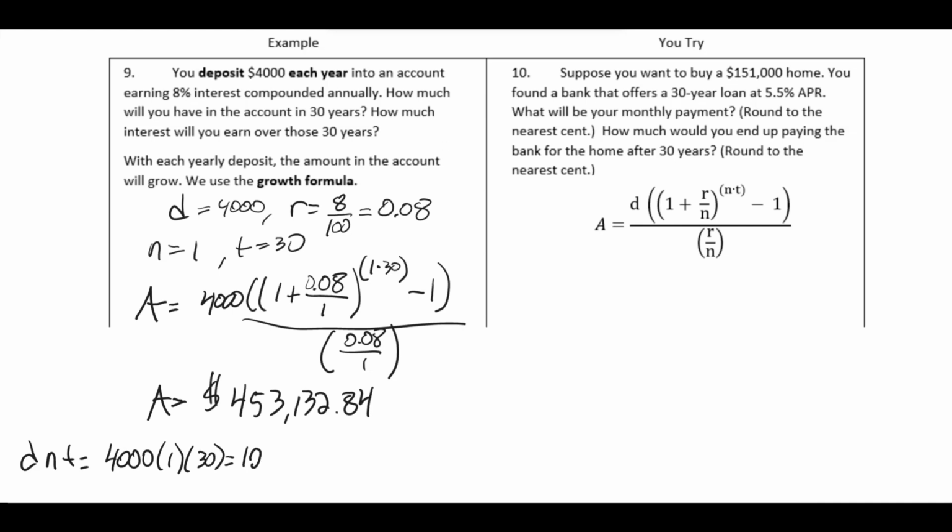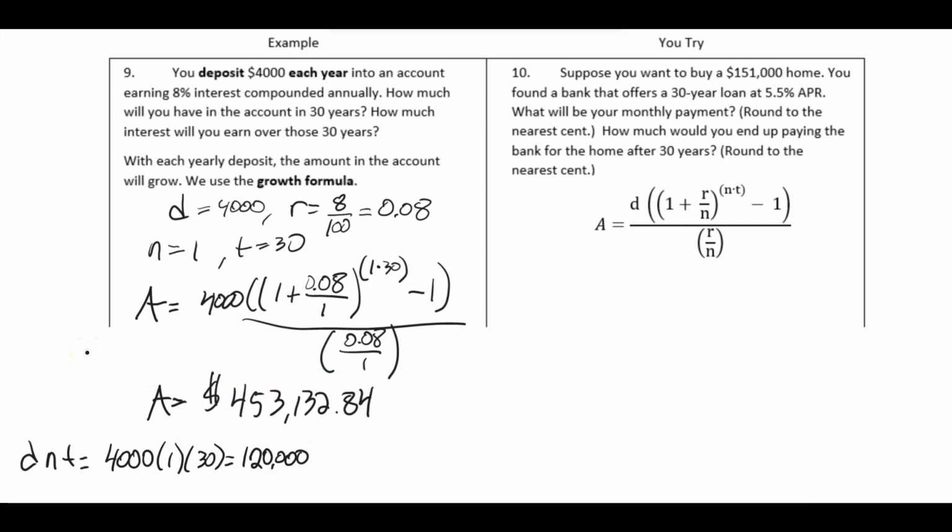This is $120,000. This is actually how much we paid into this account. But we have $453,000 in the account. So the difference between these two is how much interest we earned.